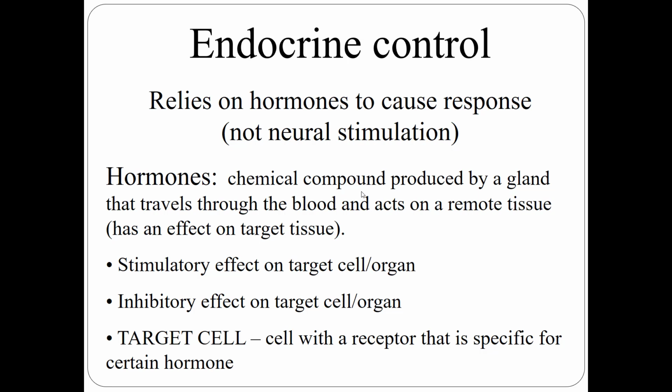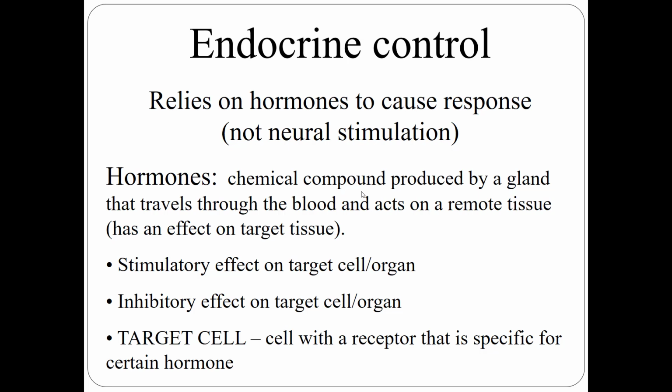And so we rely on hormones to cause a response. Okay, so with reproduction, we do not rely fully on neural stimulation. We actually rely on hormones to cause a response. So hormones can have a stimulatory effect on a target cell or an organ, which could mean that something is upregulated or turned on.